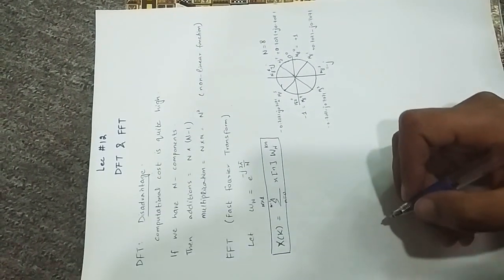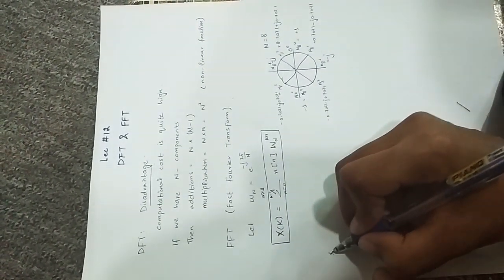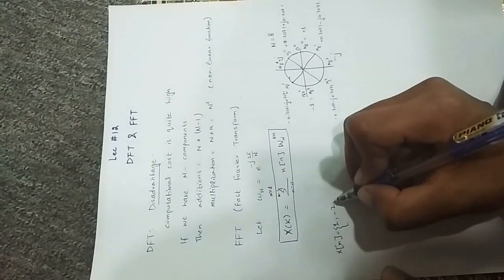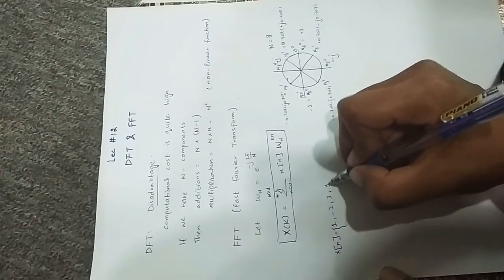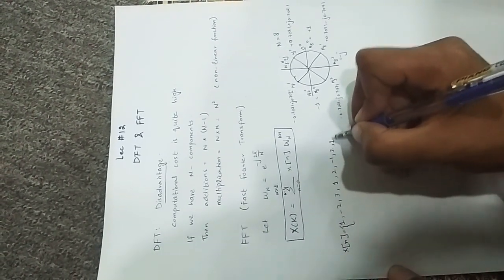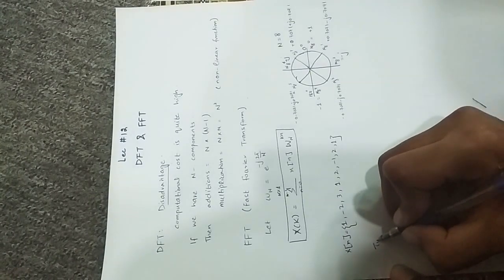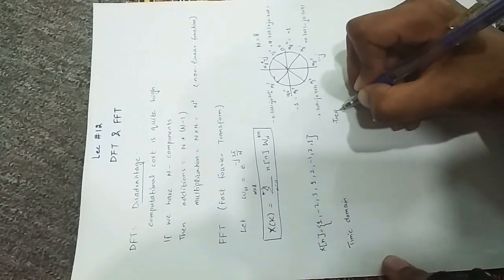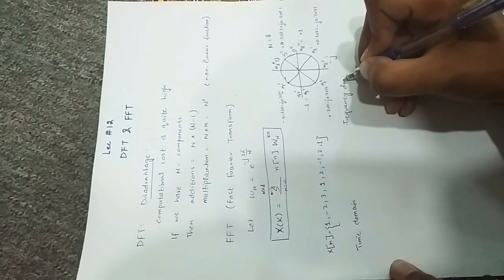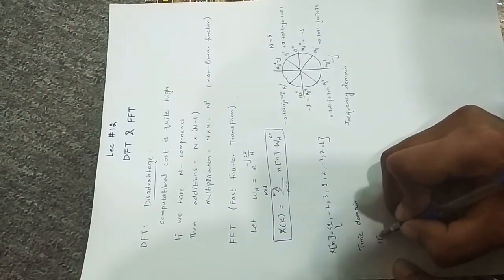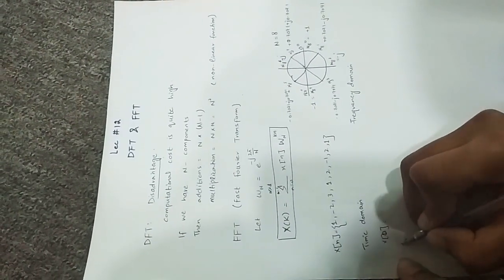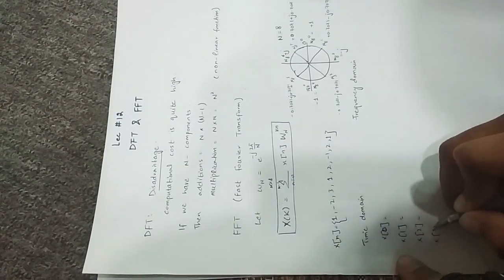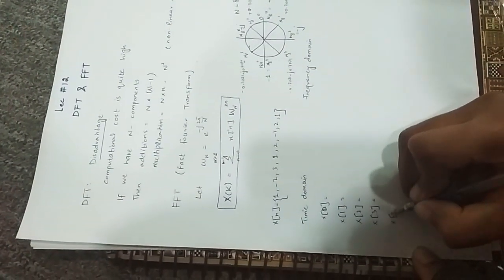In the previous lecture I considered a sequence x of n as 1, minus 2, 3, 1, 2, minus 1, 2 and 1. I write it in the time domain and the frequency domain separately: x of 0, x of 1, x of 2, x of 3, up to x of 7.